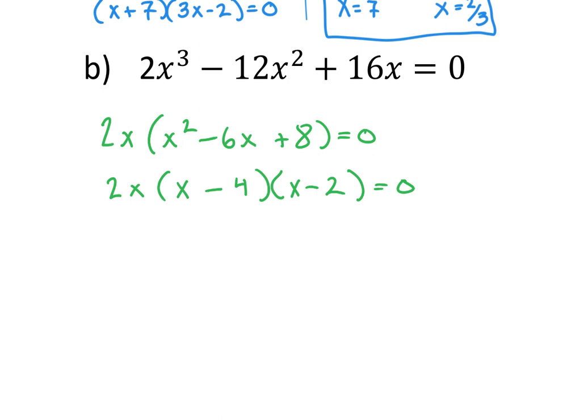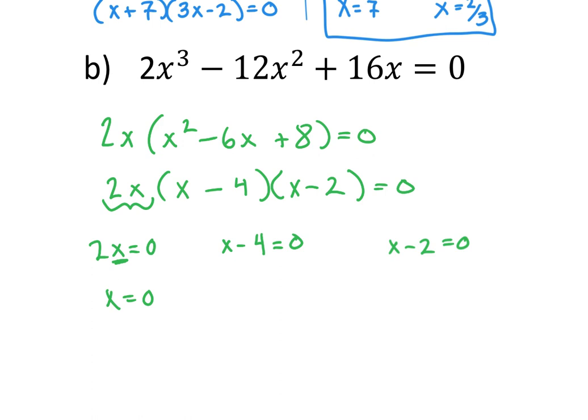Okay, we're going to set each of our factors equal to 0. We're going to say 2x is 0, x minus 4 equals 0, and x minus 2 equals 0. Now, because there is an x here, x equals 0 is one of our solutions. If that were just 2 equals 0, then there'd be no solution.